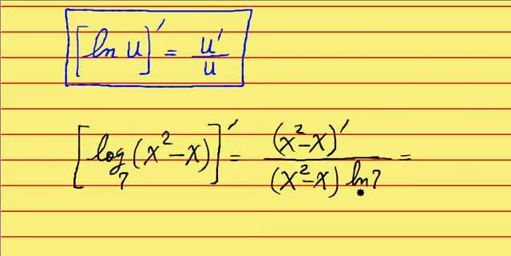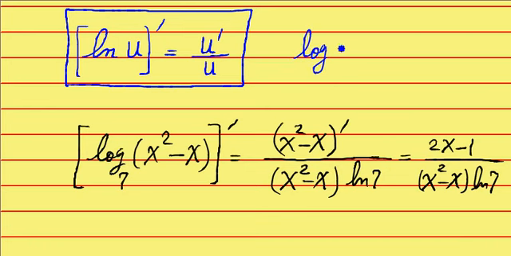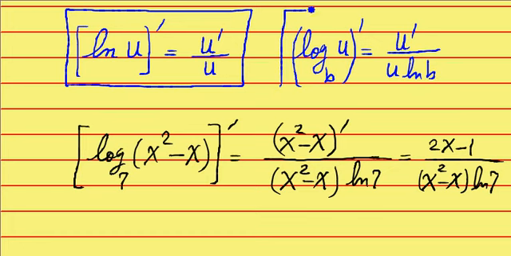Essentially you're doing a change of bases. So this turns out to be 2x minus 1 over x squared minus x times the logarithm of 7. That's it. So let me write down this other formula next to this for emphasis. You have the logarithm of u in some base b, and you want to differentiate that. You have u prime over u natural log of b, and then that's it.